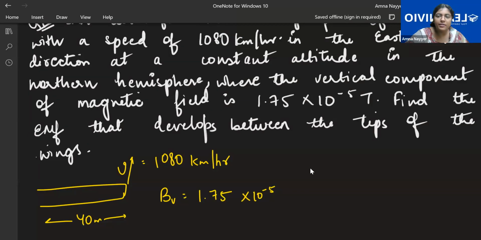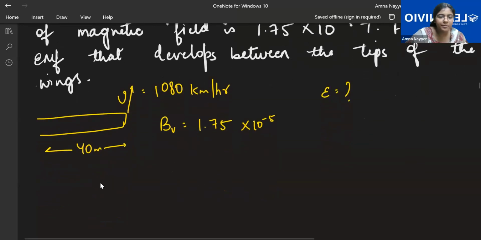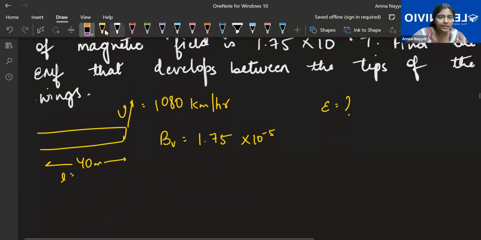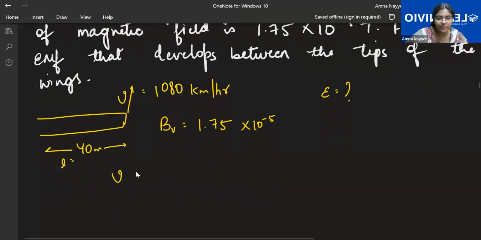Find the EMF that develops between the tips of the wing. EMF we have to calculate. See, this is the length given, this is the velocity, this is the magnetic field. But before anything, speed has to be converted. It's in kilometer per hour, and the rest of the things are in SI form.